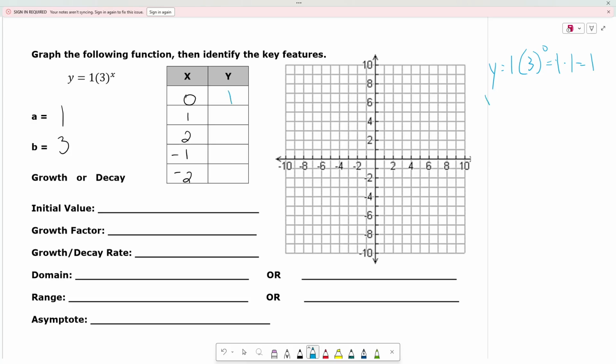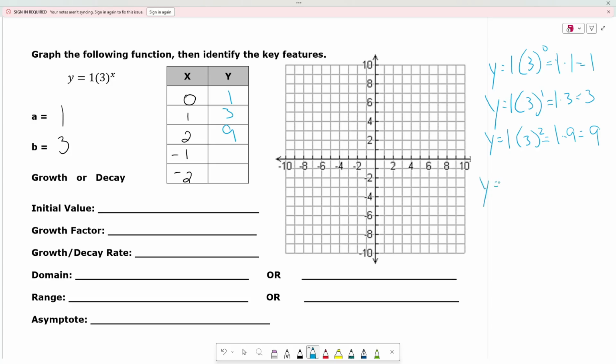Then I'm going to do it again, this time substituting for my x value the number 1. So that'd be 1 times 3, which is 3. And again, y equals 1 times 3 to the power of 2. So 1 times 9, because 3 times 3 is 9. That gives me 9.